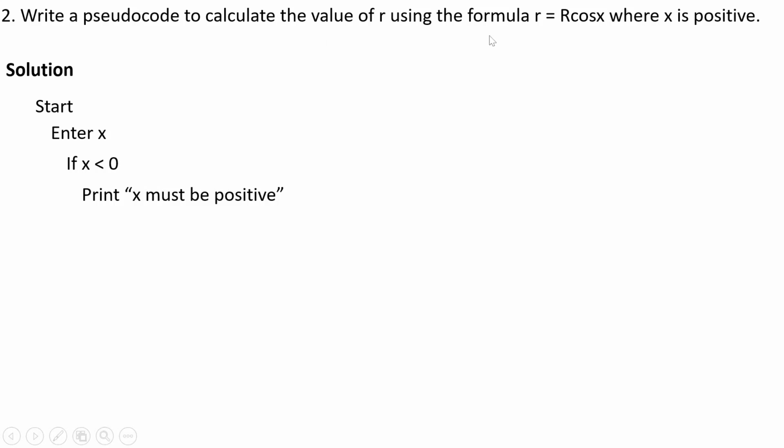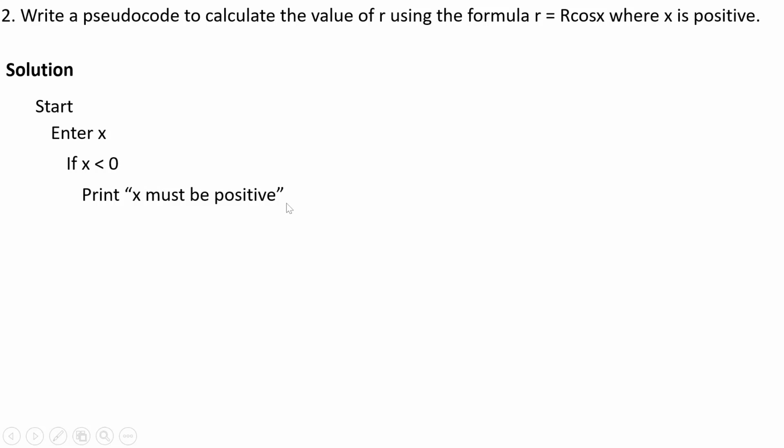But in this case, this will only work when x has a positive value. So you put this condition here to prevent this program from going ahead when someone enters a negative value. That's why you are saying if x is less than 0, then print x must be positive.